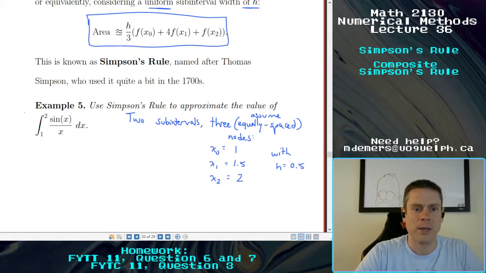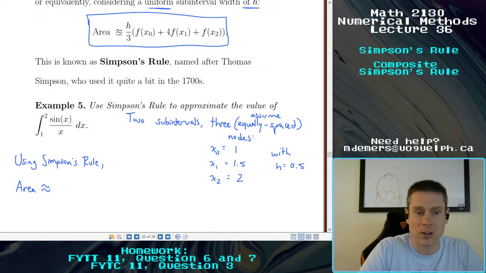So using the formula for Simpson's rule, this integral is approximately equal to h over 3. That's 0.5 over 3.